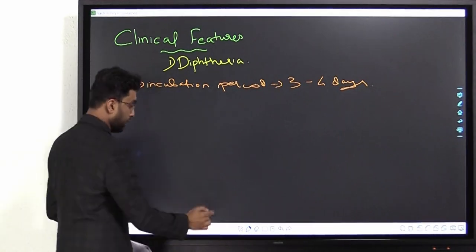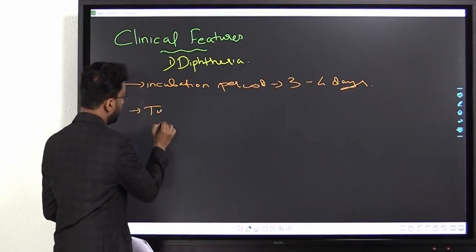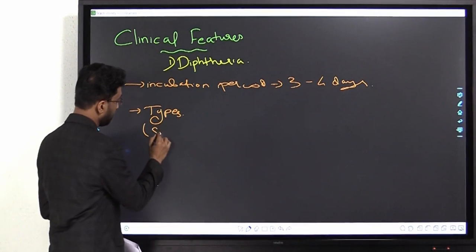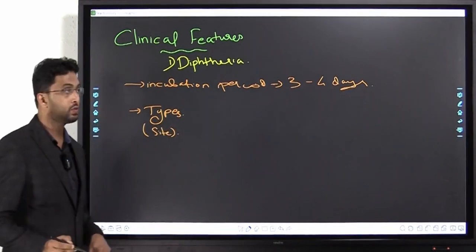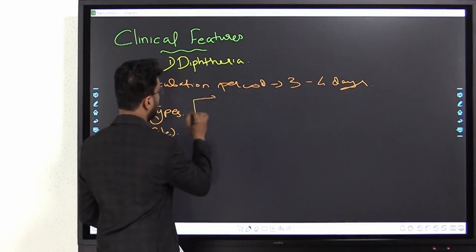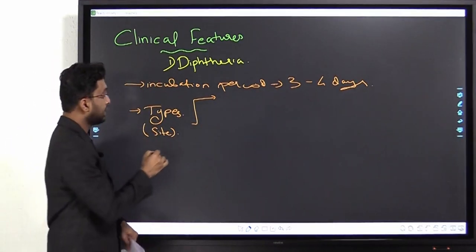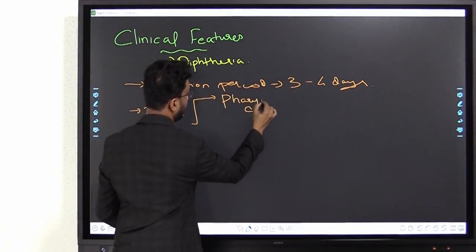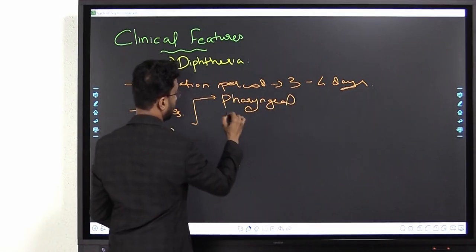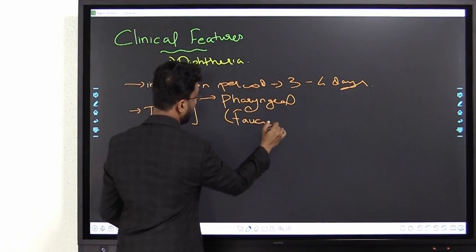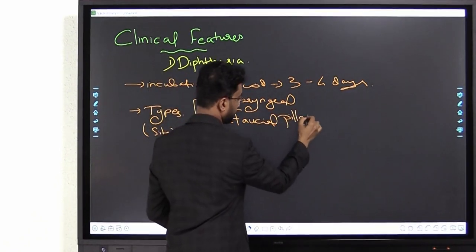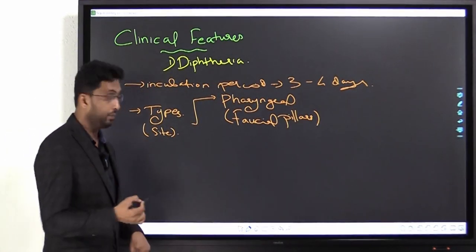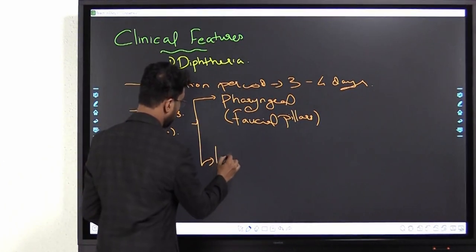Now, types of diphtheria. It can be divided based on the site of infection, or based on the severity of infection. Based on the site of infection, it can be pharyngeal, also called faucial, affecting the faucial pillars or the pharynx, or it can be laryngeal.